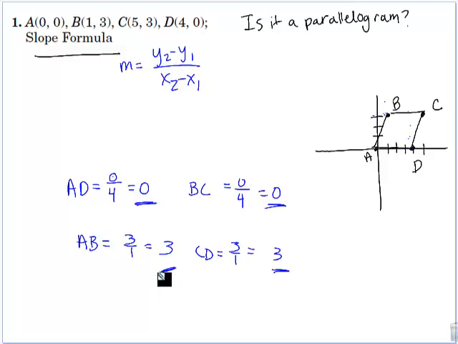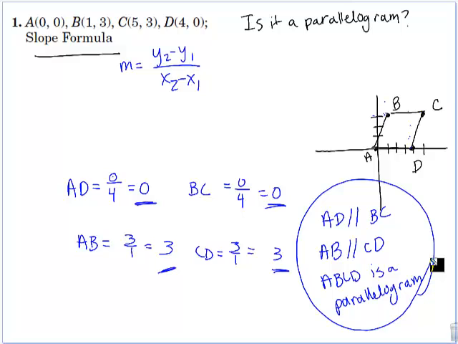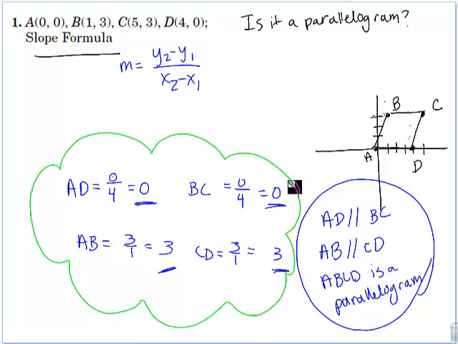So since we have AD parallel to BC and AB parallel to CD, ABCD is a parallelogram. When you are doing problems like this, you need the justification. The justification is right here in your work, showing that you found the slope, and also writing down which sides ended up being parallel to one another.